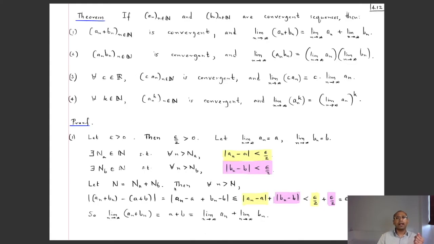Now this theorem, in the notes I have given a long list, but I have broken it into two parts, and we'll just do the first part today, and the next part we'll do next time.